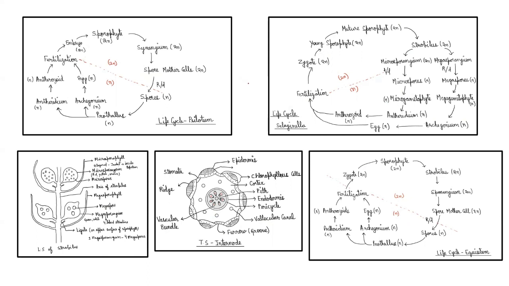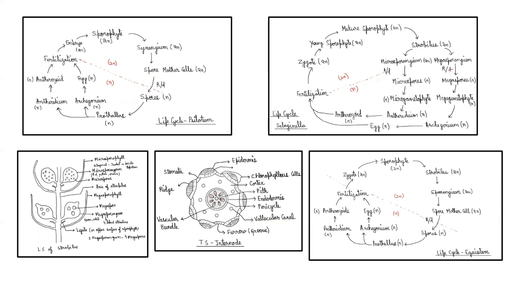Let us talk about the next genus, and that is Selaginella. In Selaginella, you should also know about the life cycle, and that is important. The life cycle starts with the mature plant, which is the sporophyte, again diploid. This sporophyte forms the strobilus. This strobilus contains the microsporangium and the megasporangium. The arrangement of microsporangium and megasporangium is important, and the microsporangium will produce microspores.